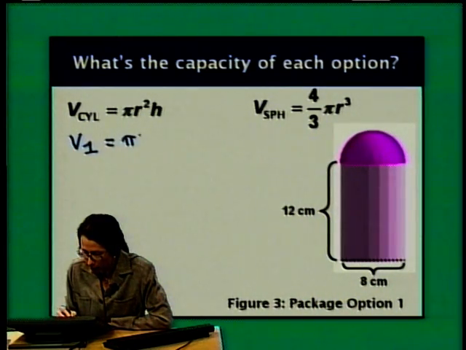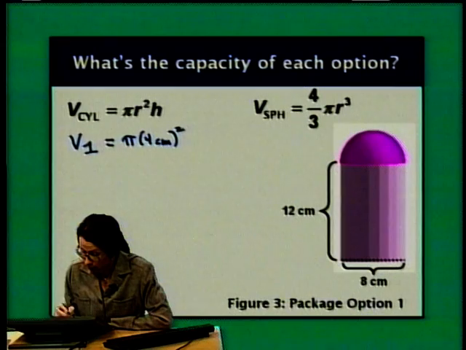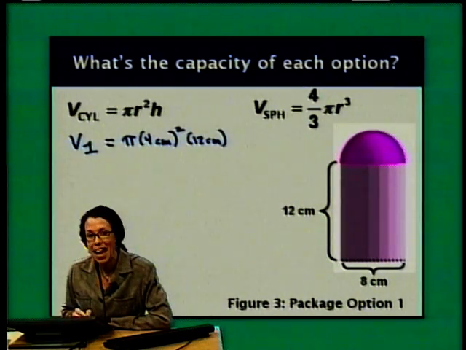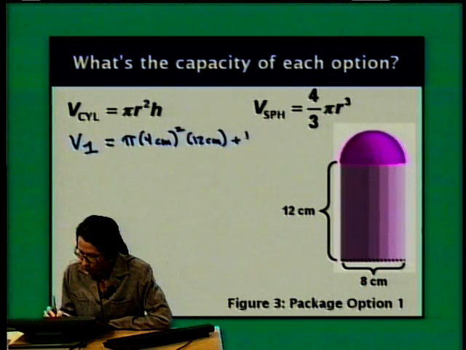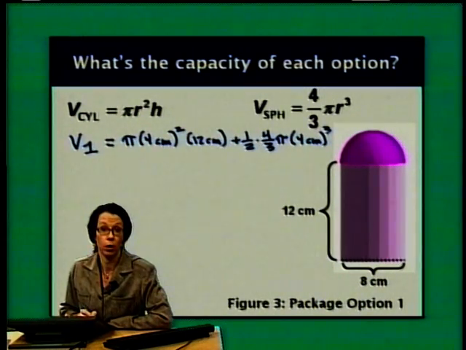That's going to be pi times 4 centimeters, that's the radius of the cylinder, times the height, which is 12 centimeters. And now I'm going to add only half the volume of the sphere. So I have 1/2 times 4/3 pi times r cubed, which is 4 centimeters cubed.